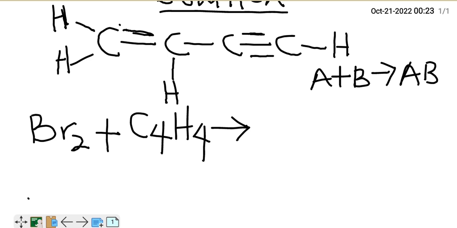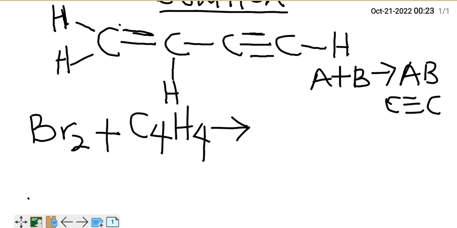We must also remember that alkynes have triple bonds. When they react with a halogen, usually this is supposed to occur in steps. Here there are only 2 bonds that can be broken. There are 2 pi bonds here that can be broken. So when the 2 pi bonds are broken, they are broken in steps.